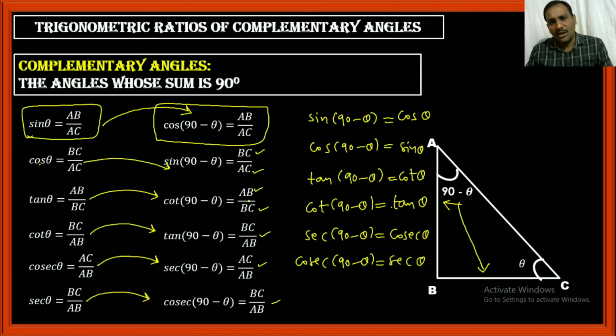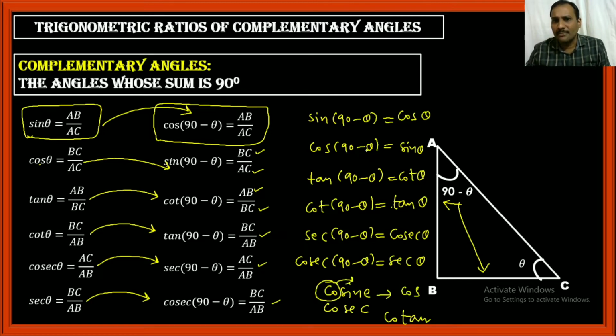And do you know the reason behind the names cosine, cosec and cotan? These are nothing but co meaning complementary. Complementary of sine is what? Cos. Cosine is the complementary of sine. Cosecant means the complementary of secant.